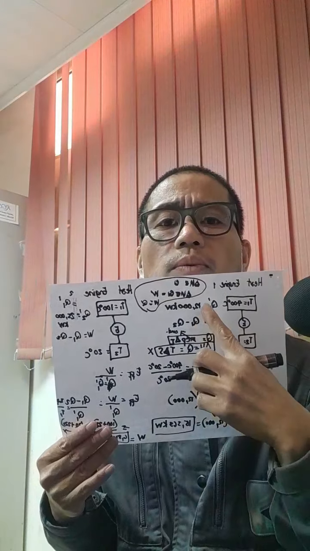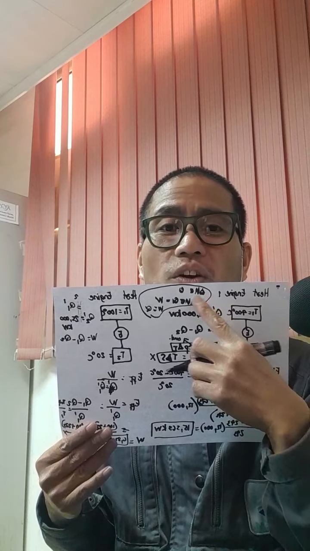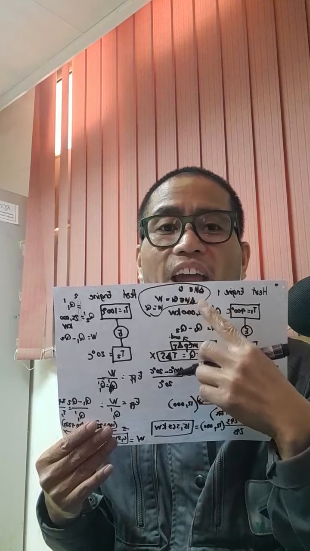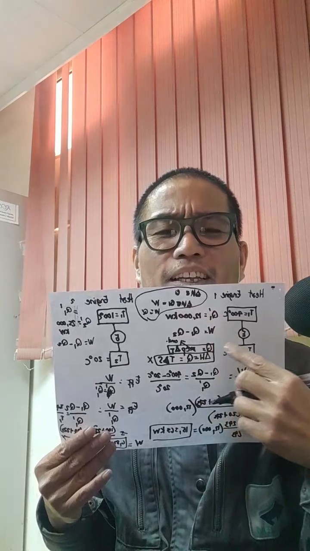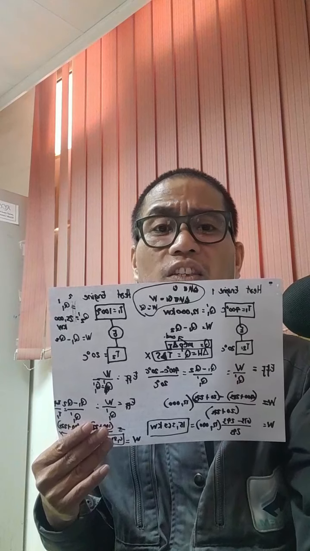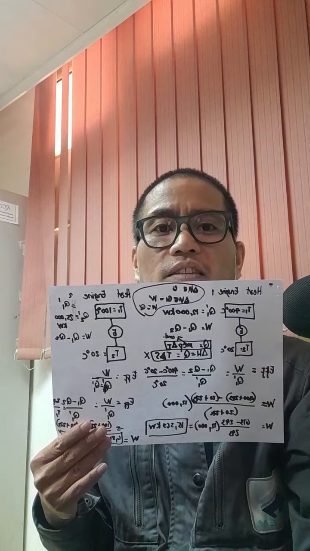Just memorize this one: in the second law of thermodynamics, the change in internal energy is 0. So if the change in internal energy equals Q minus W, then Q equals W. Meaning to say, all heat energy is completely used for the work done in the system.